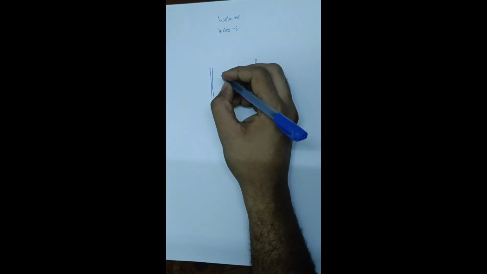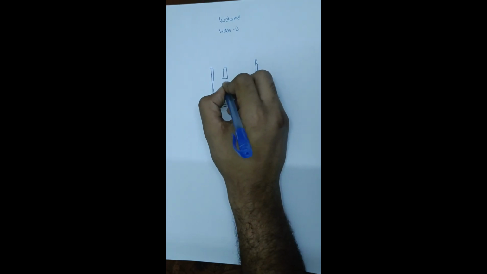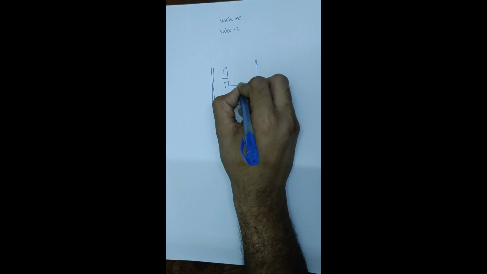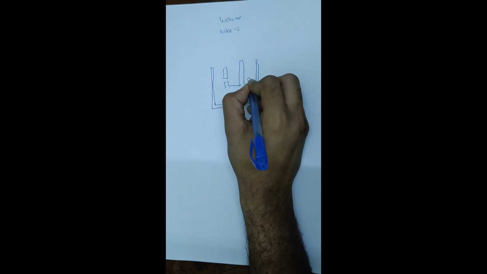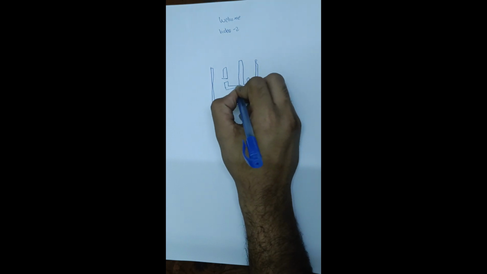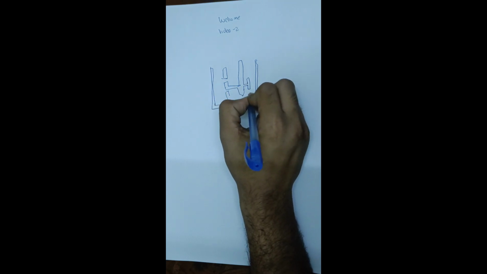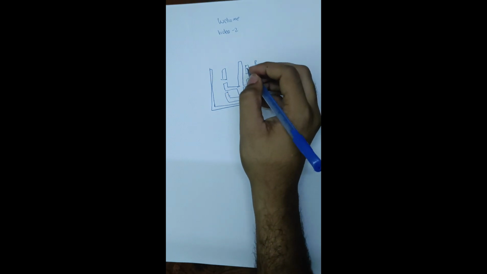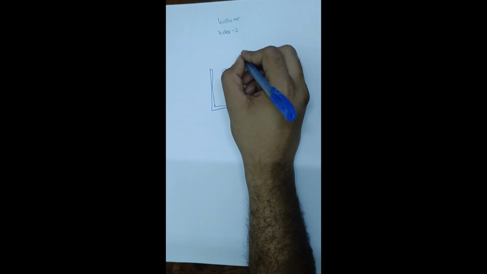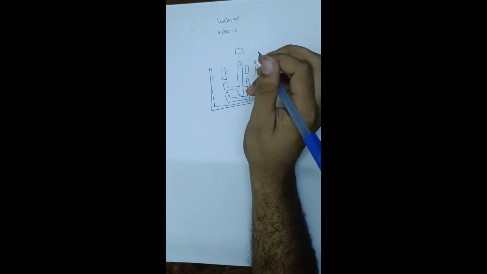We have an outer cup and an inner cup, the bob.